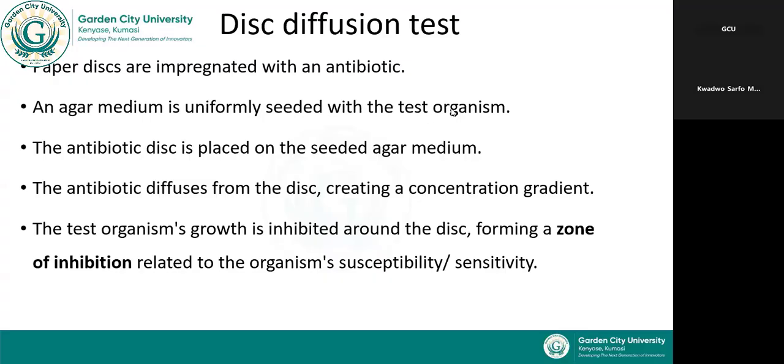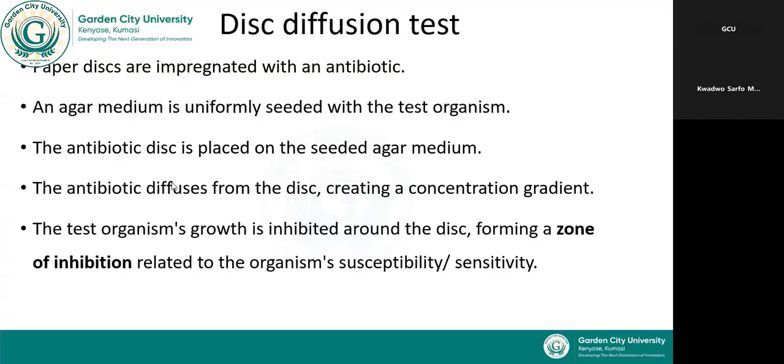One way to do it is to emulsify the test organism in saline and then spread it uniformly with a sterile cotton swab. You place your antibiotics that have known concentrations on the medium that has your test organism.